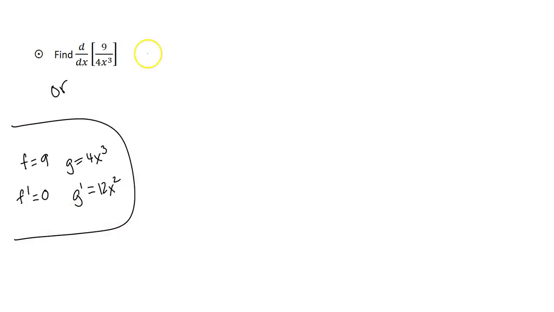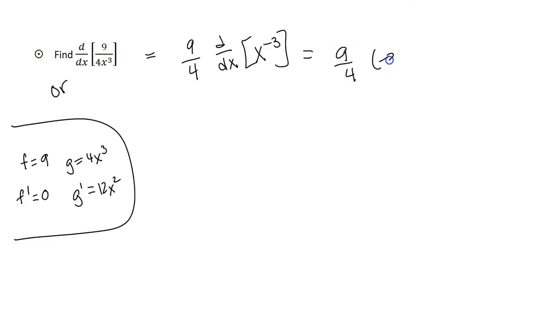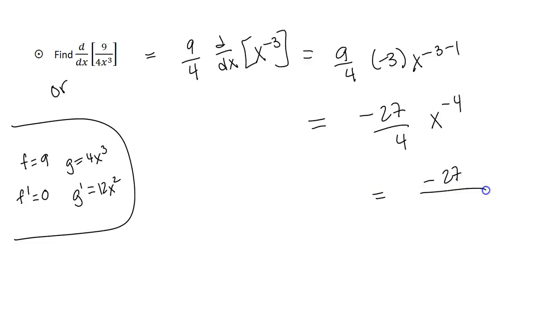Or, if you want to make your life a little bit easier, we could make this 9/4 times the derivative with respect to x of x to the negative 3, because remember we can bring that up across the line and change the signs. So that's just 9/4 times negative 3x to the negative 3 minus 1, or negative 27 over 4 x to the negative 4, or negative 27 over 4x to the 4th.